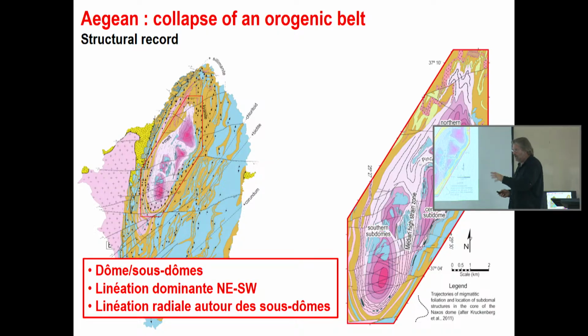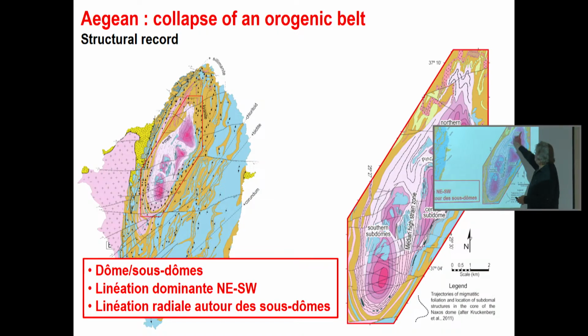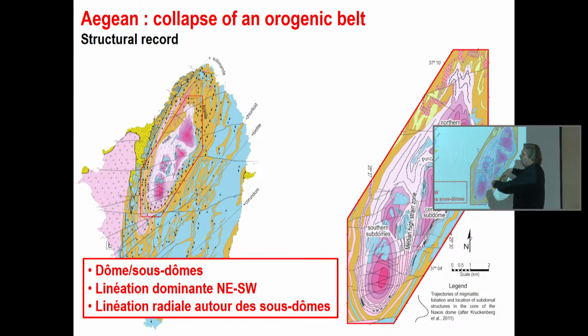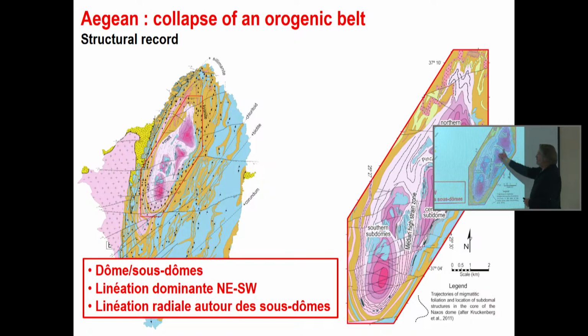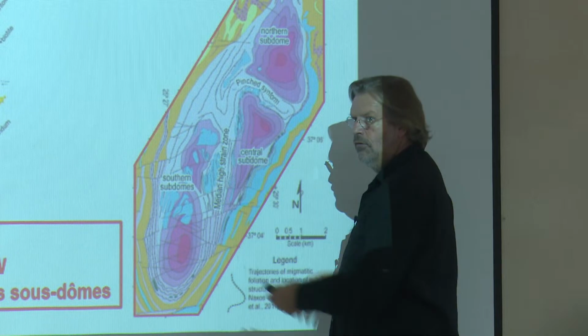This geochronology-tectonics difficulty. So the conclusion here: we have a dome with subdomes, with a lineation that is dominantly northeast-southwest in the migmatites and in the metamorphic rocks around. But around the subdomes, the lineation is actually radial. So you have two processes controlling the structures.